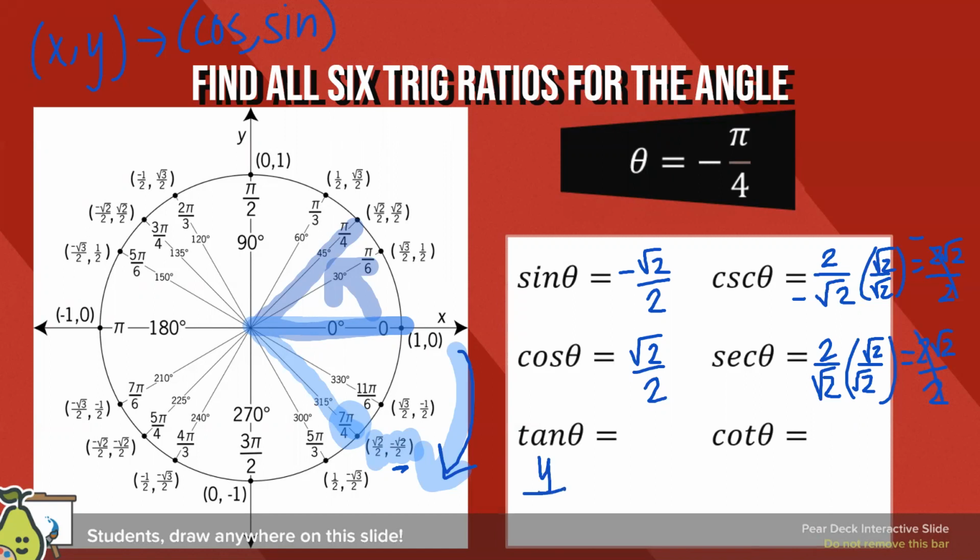Tangent is y over x. So we're going to have negative square root of 2 over 2 divided by square root of 2 over 2. Anything divided by itself is technically 1. And we have that minus on the outside. So tangent is negative 1. Cotangent is 1 over tangent. And so that also gives us negative 1. Pretty cool, huh?